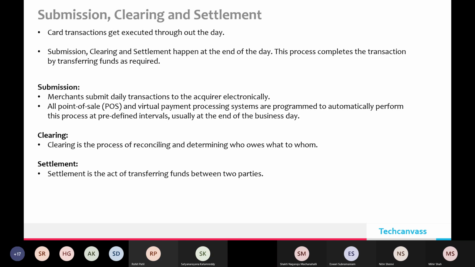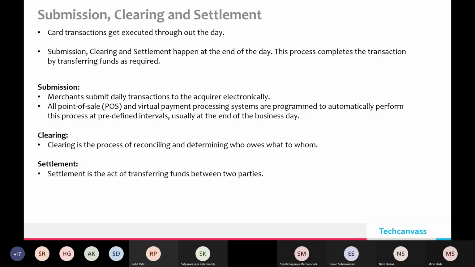When you look at POS machines, at the end of the day the merchant triggers the settlement button, or the settlement gets done automatically at midnight. Effectively, within 24 hours the merchant has to submit all the transactions done through their POS machines.